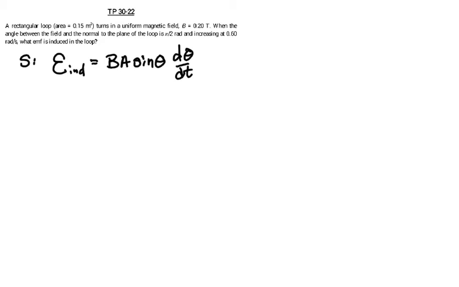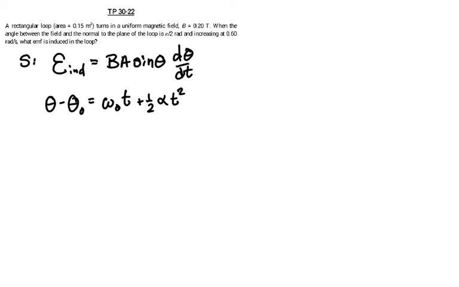Well, let's take a look back at our angle function. We said that from our rotational kinematics that theta minus theta naught is equal to omega naught times time plus 1/2 angular acceleration times time squared. Well, we have a constant angular velocity.